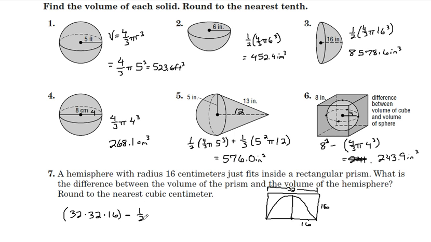Hemisphere is 1/2 times 4/3 pi radius cubed. And there we are. In the calculator, that's going to output 7,805.0. That is in cubic centimeters. And there we are.